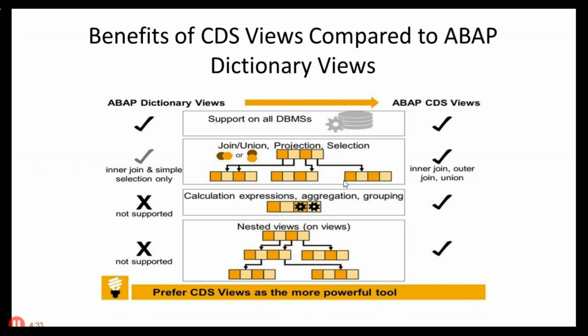Then calculations, aggregations, expressions, grouping are not possible at the ABAP dictionary level. And then nested views: a view inside a view is not possible in normal views. You cannot create a view again with other views; you have to take tables only. Here you can create a CDS view, and that CDS view can again be consumed in another CDS view.